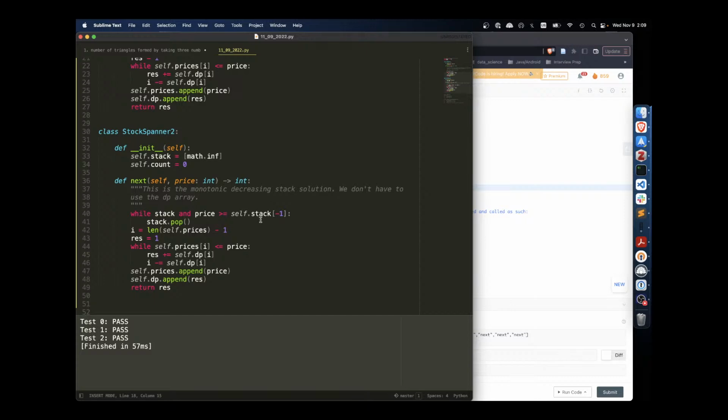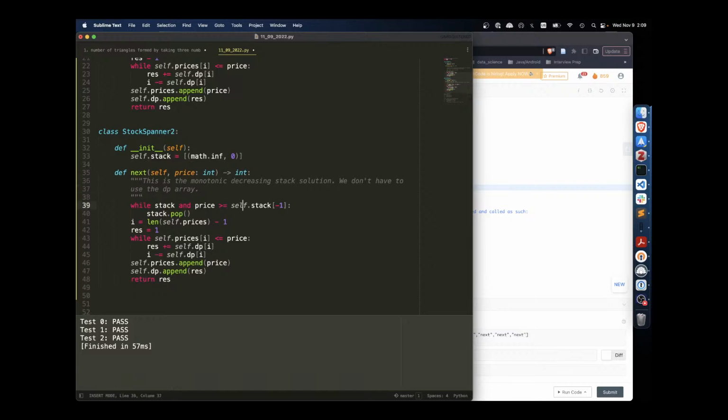Are you going to put price in it? Then it has to contain two things, right? The stack holds the price and this count. Then stack.pop, pop, pop, pop. So we cannot pop.